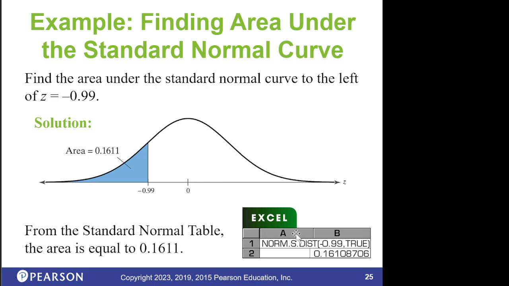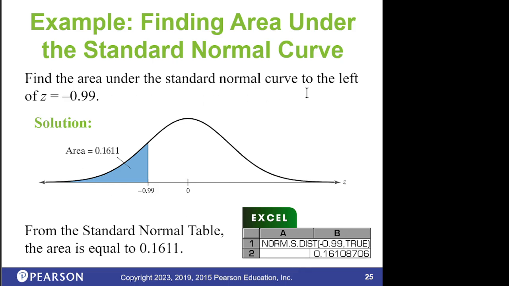And notice here, this is showing how we can find this in Excel. It has a normal.standard distribution we can use by using the .s function. I'm going to avoid using the .s function, and I'm going to put in my mean and my standard deviation, and you're going to see why in the next section.